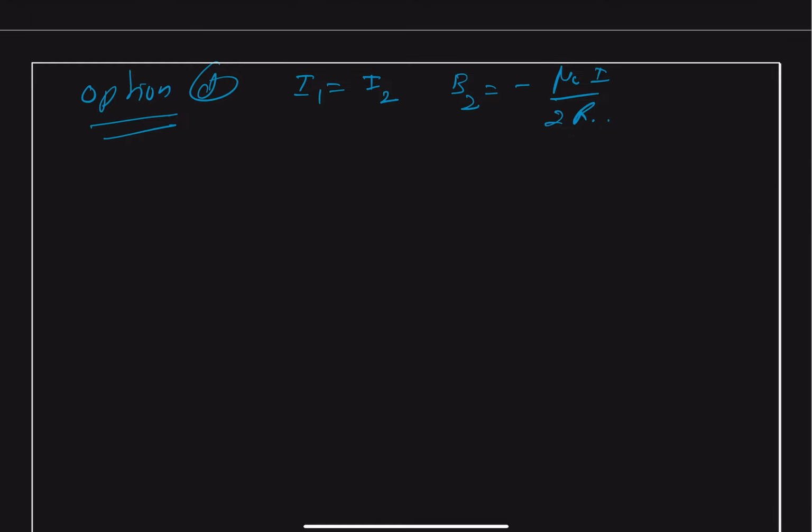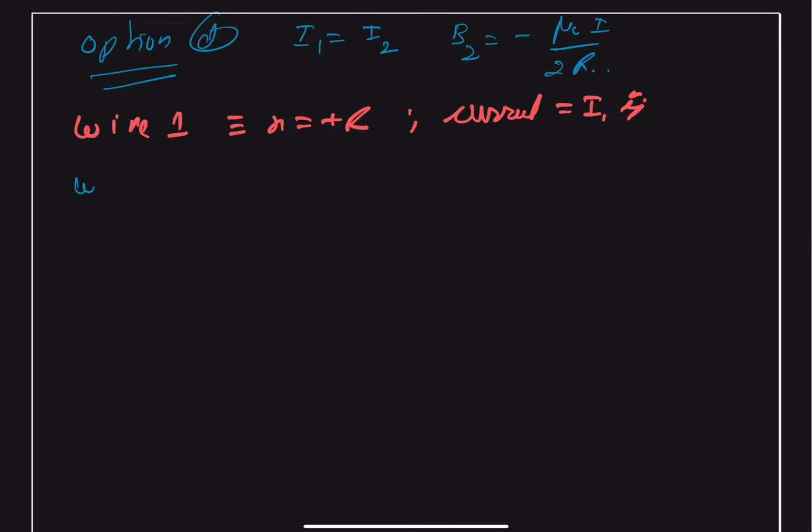And we are given that we have once again wire 1 which is at x equal to plus r, and current is along our I1, and that is our y unit vector, and we have our wire 2 which is at x equal to minus r, and we have a current I2, and that is also in y unit direction.